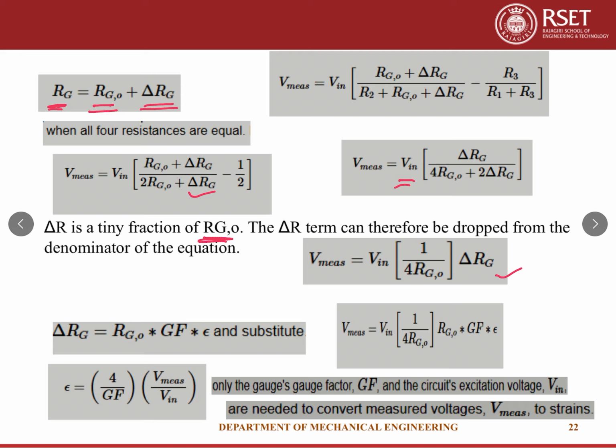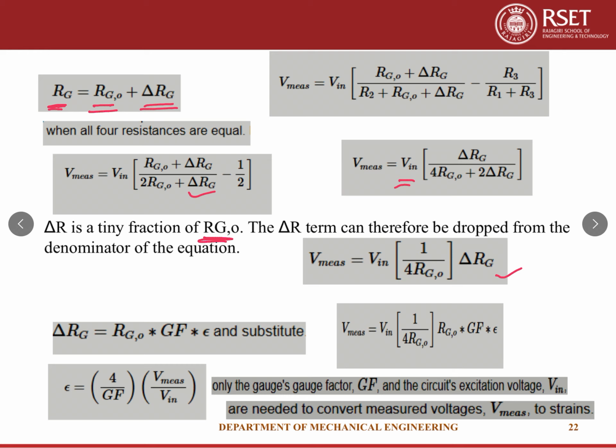Substituting delta Rg, the change in resistance due to strain, by the gauge factor, delta Rg is equal to Rg0 into gauge factor into strain. So substituting that, we will get the equation like this. Therefore strain is equal to 4 divided by gauge factor into V mean by V in.